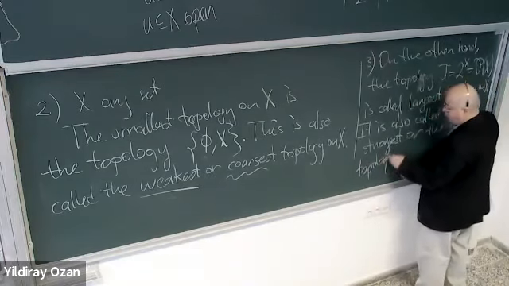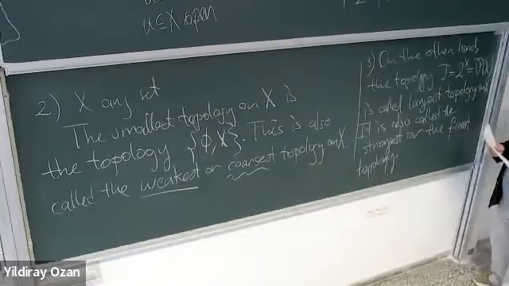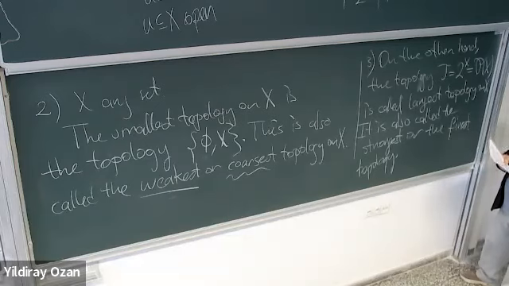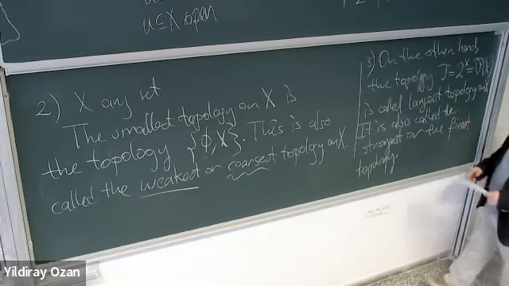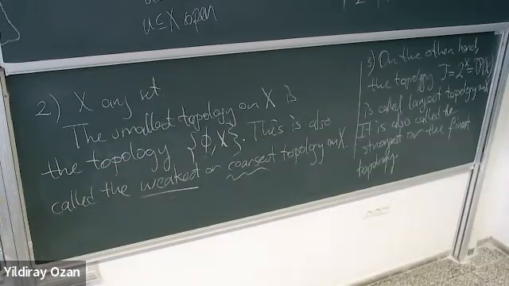This is also trivial in the sense that every subset is open. But we call it strongest or largest because it contains all other topologies, because you have all the open subsets, okay? Not just a few of them, but all of them. That's why we call it the strongest topology.